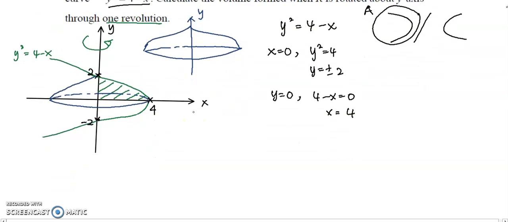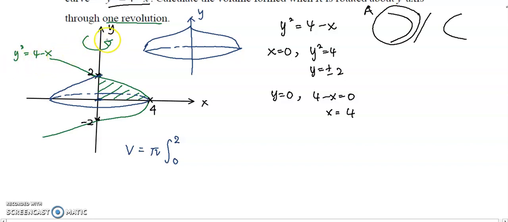And now we're going to get the volume of the solid. Just use the formula, starting from pi. Your solid is generated by rotating about the y-axis, so you need to take the lower and upper limits from the y-axis as well, that is from 0 to 2. The function which bounds the region is y squared equals 4 minus x.